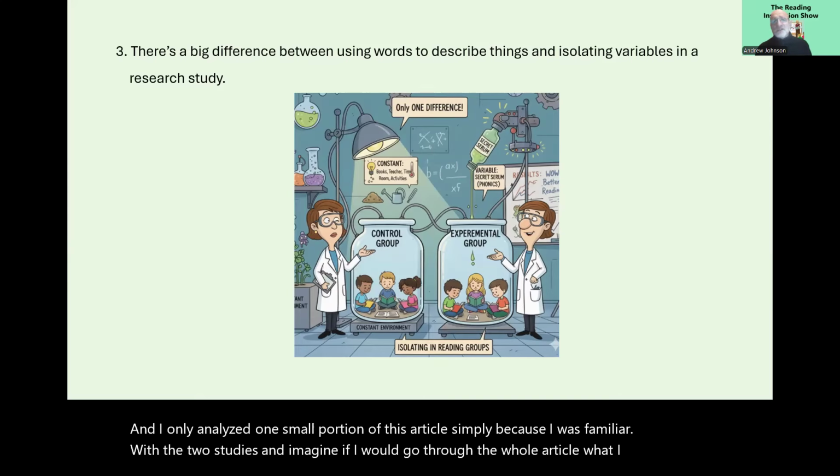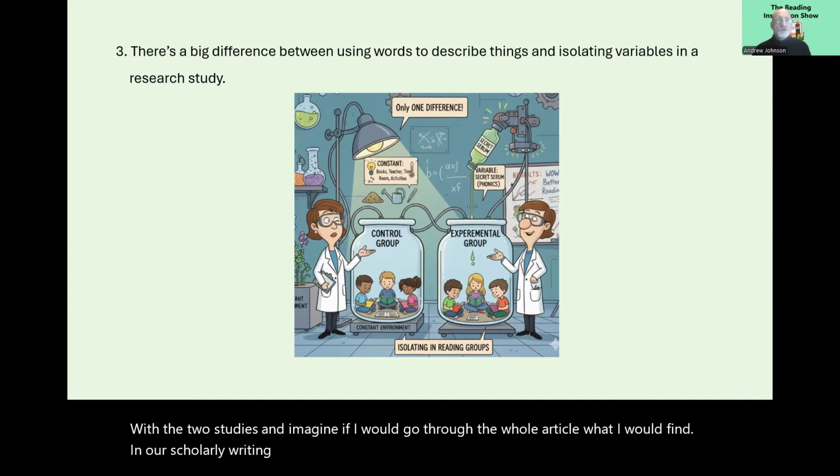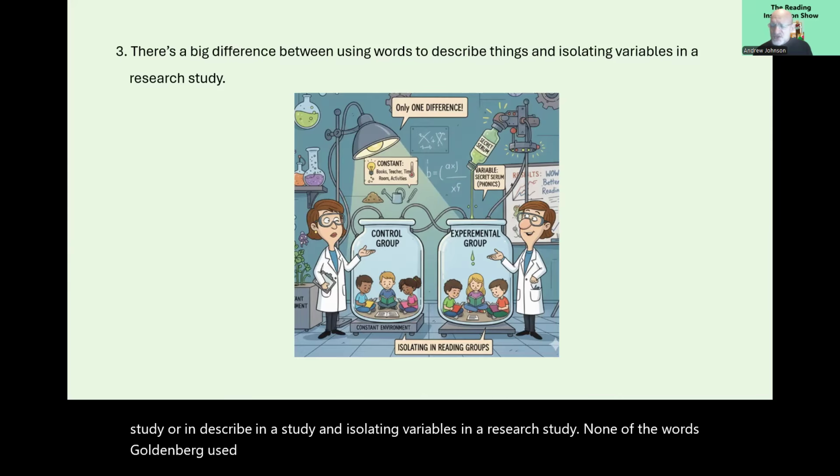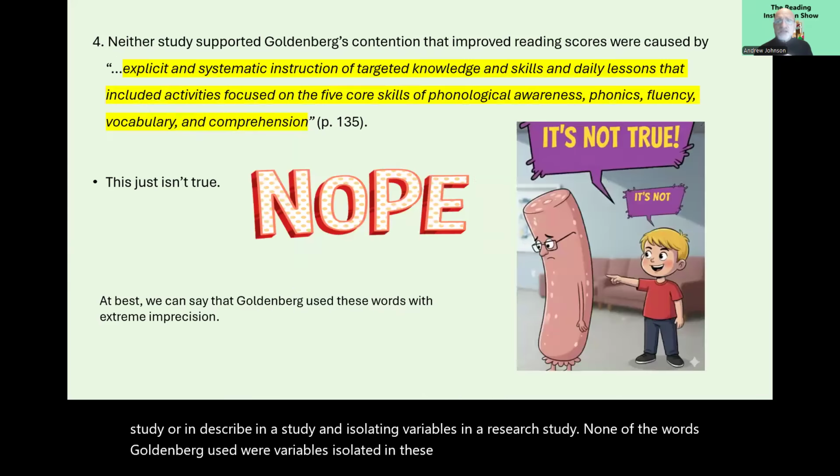In our scholarly writing, there's a big difference between using words to describe things in a study and isolating variables in a research study. None of the words Goldenberg used were variables isolated in these studies. None of those words can be supported by research.